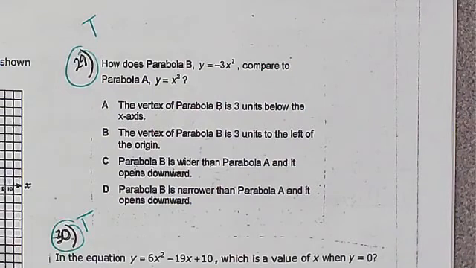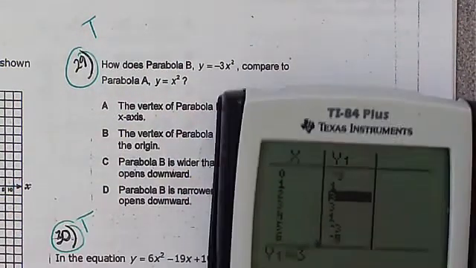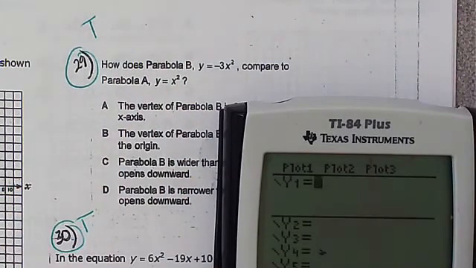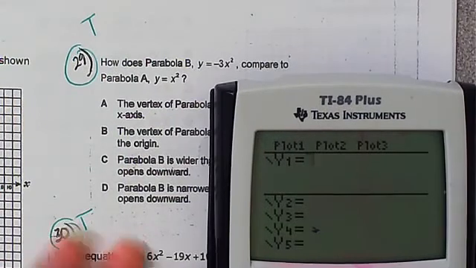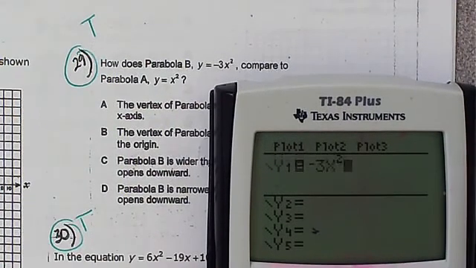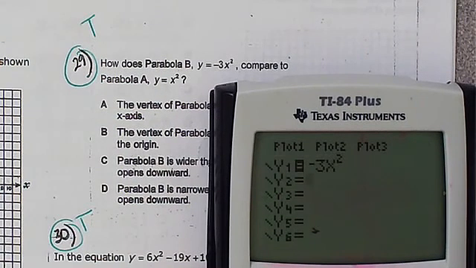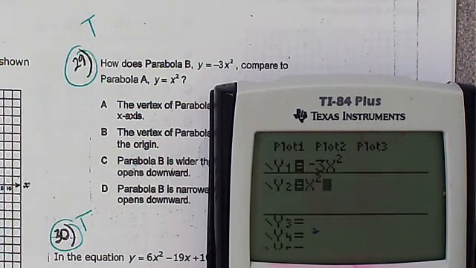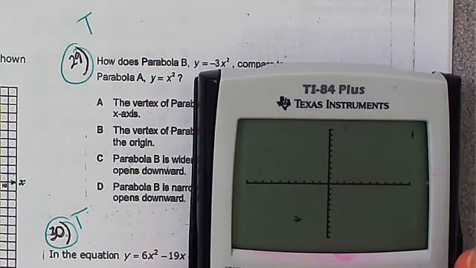Go to 29. How does the parabola y equals -3x squared compare to parabola y equals x squared? Okay, well, if we're comparing, we might want to look at them. So -3x squared, that's parabola B. And then parabola A is just x squared. So I'm going to label them on my calculator.